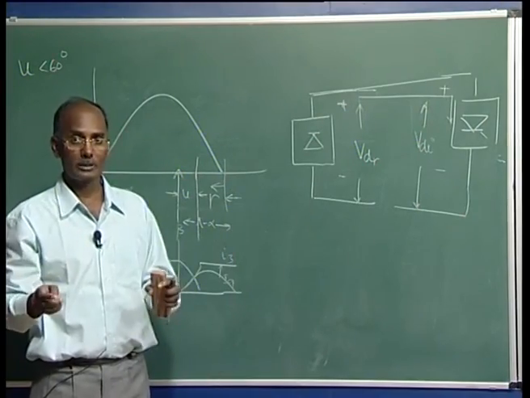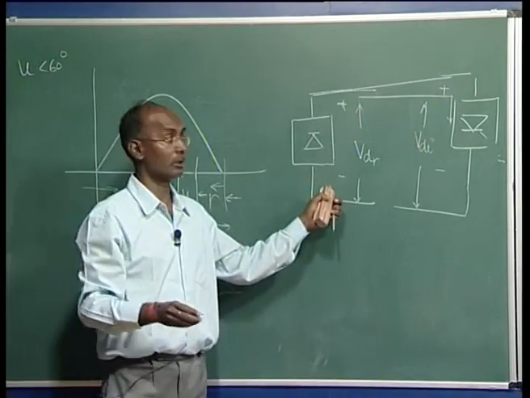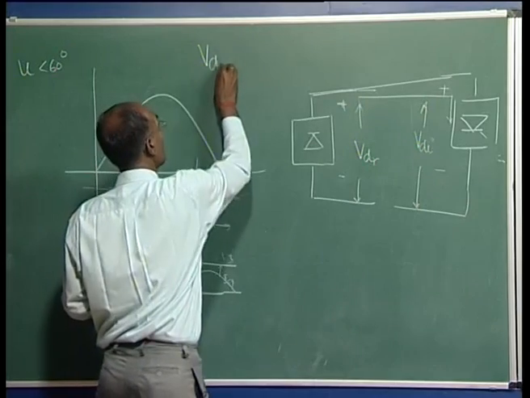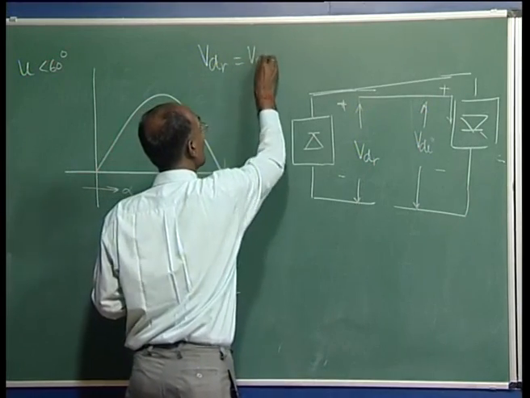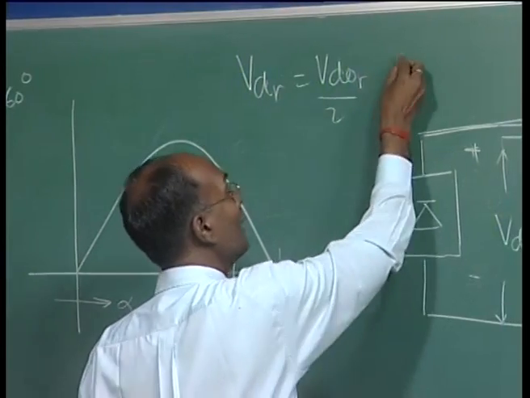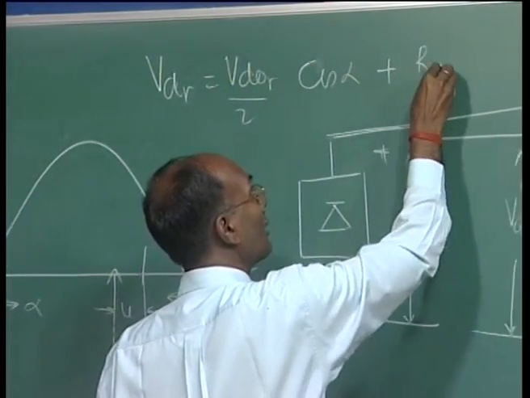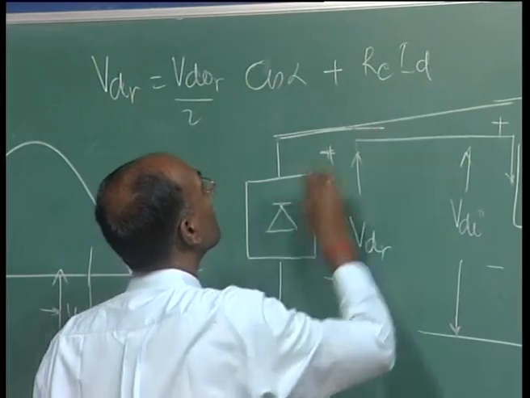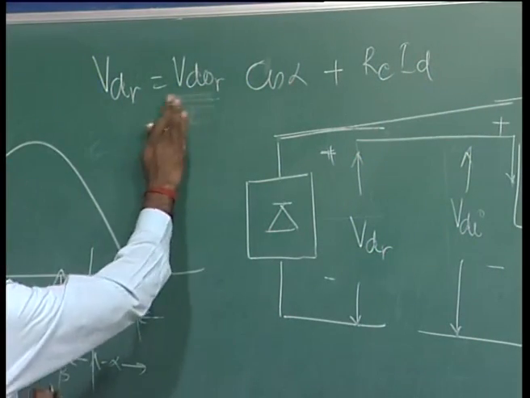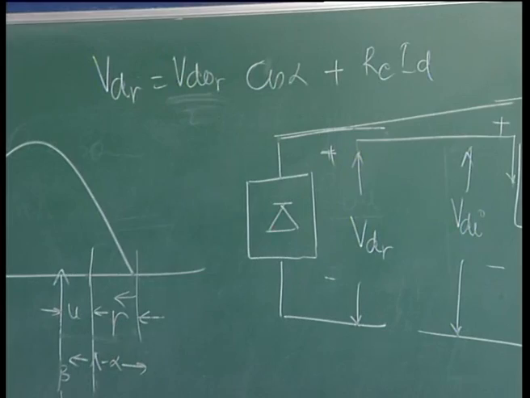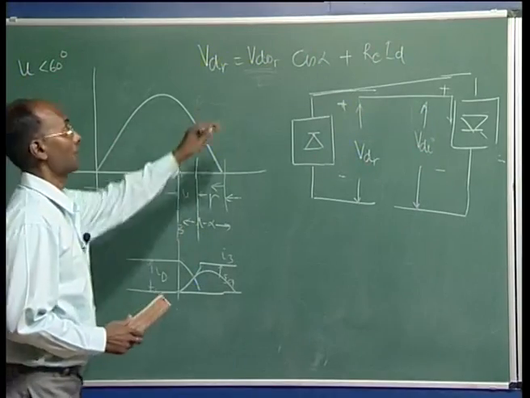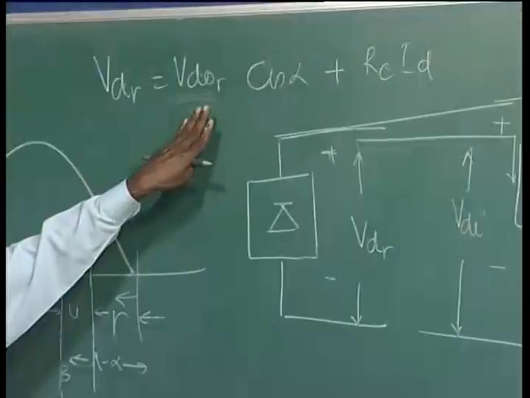So, we want to represent that value for the rectifier. We already showed it, I write here VDR, now I can say VDO R by 2, and it was cos alpha plus your RC ID. It was not 2, it was VDO R. If you remember, this was the case for the rectifier.